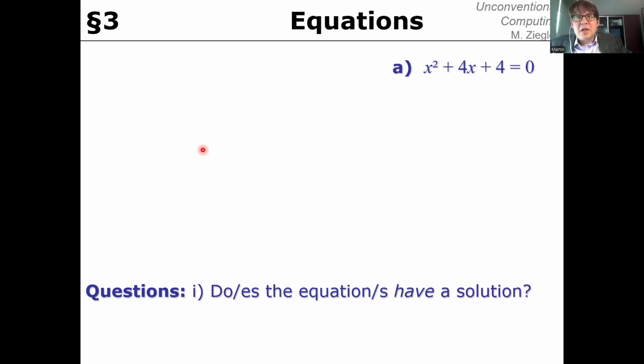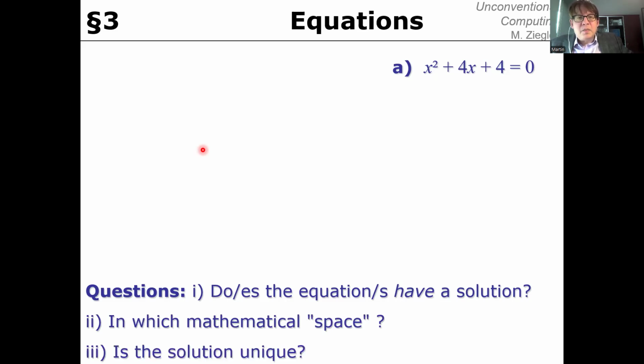So this equation has a solution in the space of integers. And the third question is whether the solution is unique, or are there any other solutions? We've already found one solution, -2. Are there any other solutions?